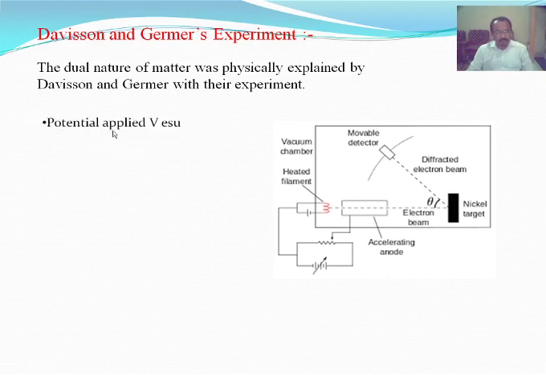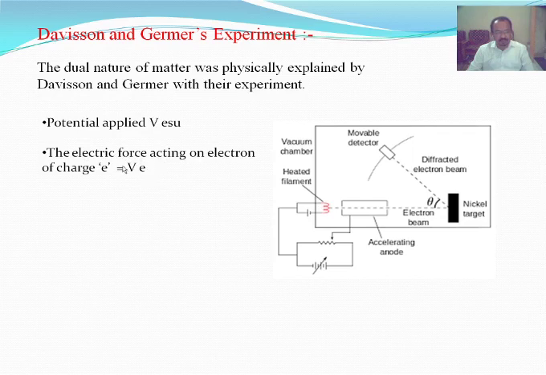Now if a potential of V electrostatic unit is applied in between these two plates, due to that an electric field or electric force which acts on that electron, which is having a charge e, is V into e. V is the potential difference, e is the charge of the electron.